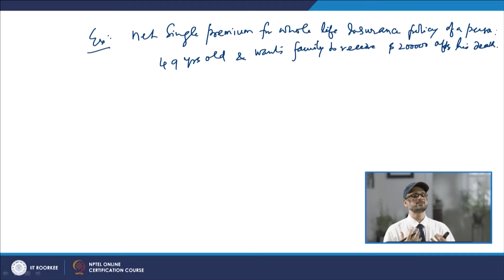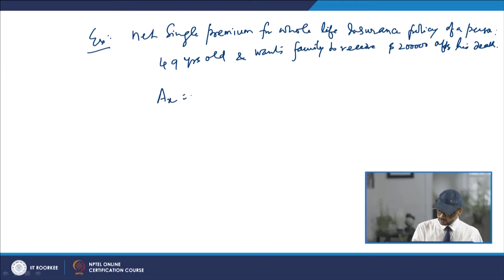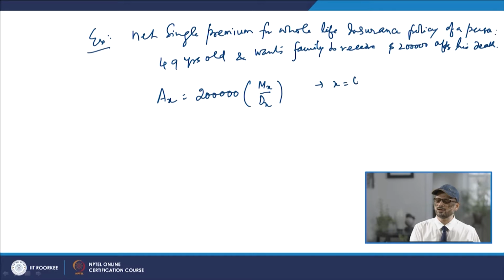So in that case, it's a single premium payment, and we know that Ax will be the face value, 2 lakh, multiplied with the factor Mx upon Dx. So x is 49. Now you can refer to the table.